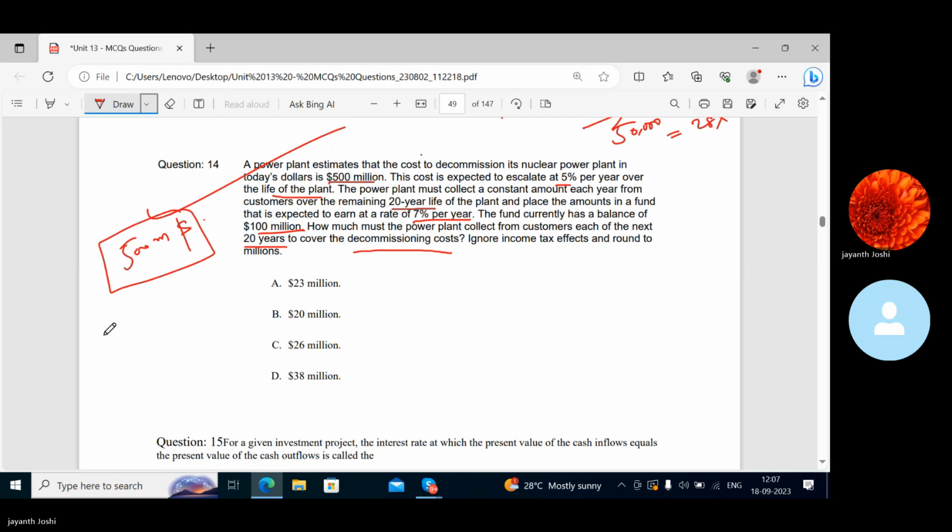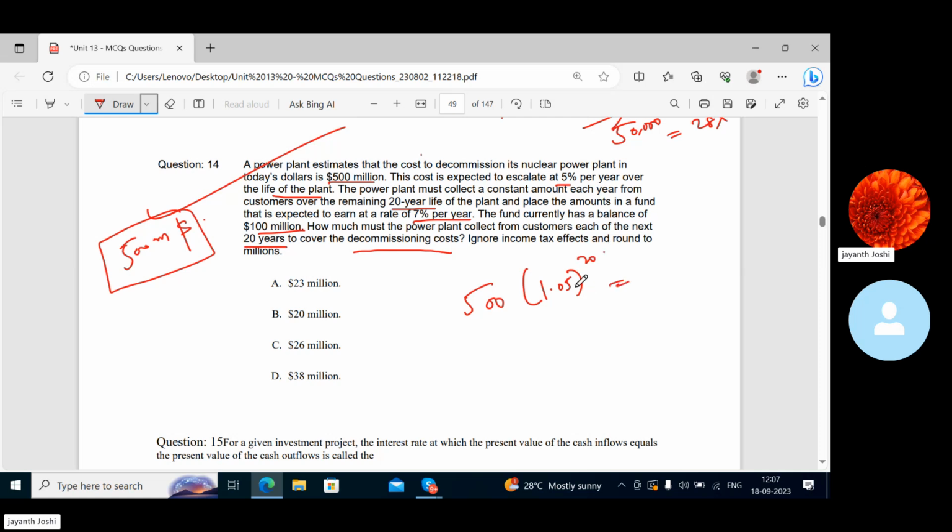So what we will do, first we will take up the 500 million we have, the decommissioning cost, right? It's going to increase by 5% every year, right? So into 1.05 whole power 20 we will do.